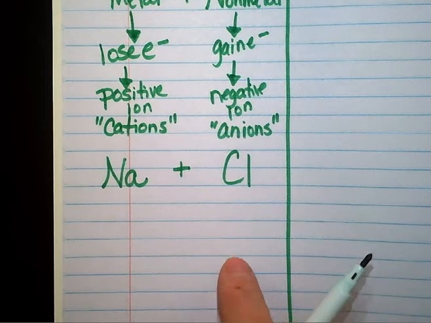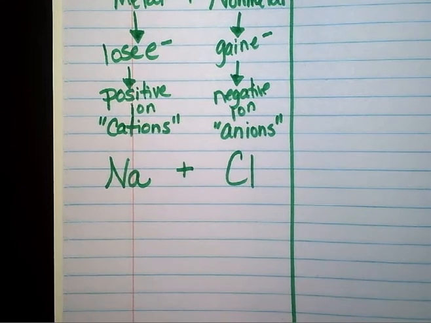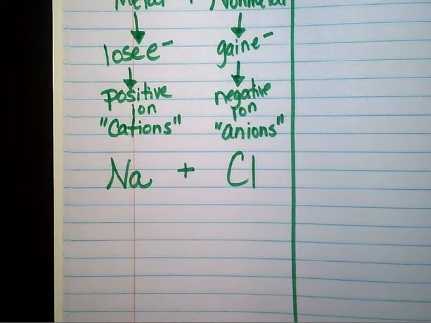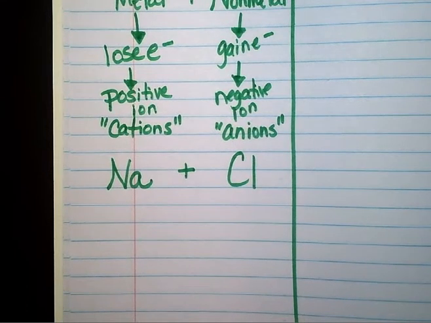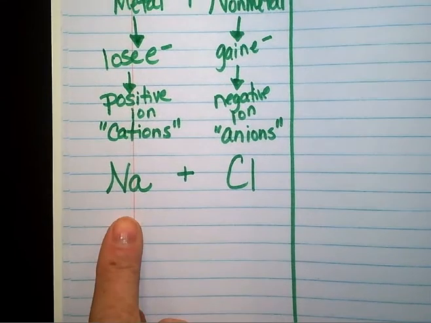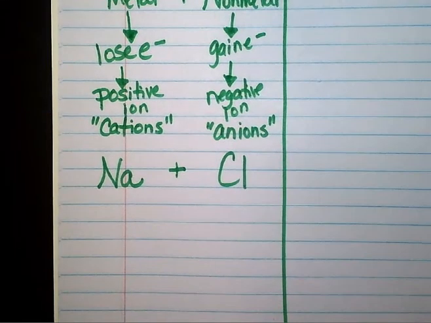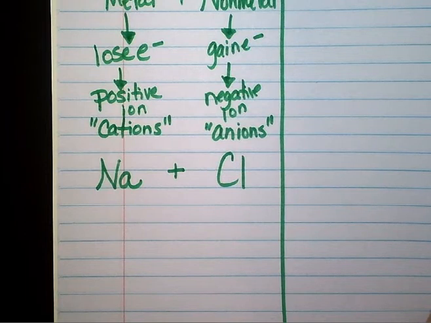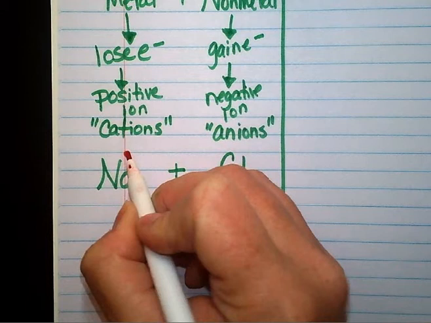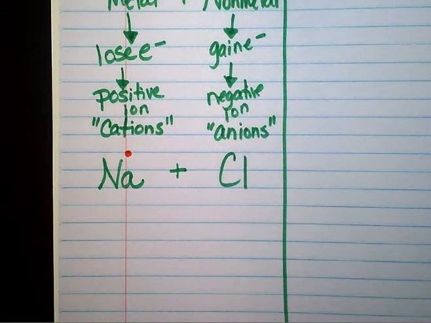So what's happening here is happening on the valence electron level. So sodium is in family group 1. How many valence electrons does sodium have? It's in family group 1. It has 1 valence electron. Everything in family group 1 has 1 valence.